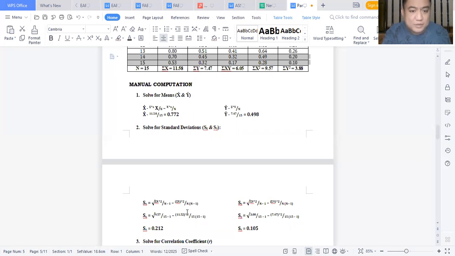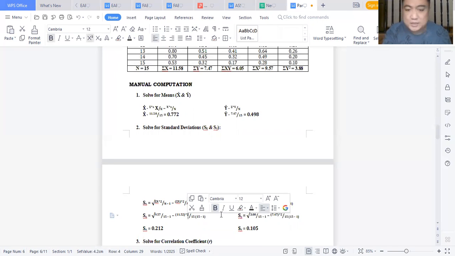This one is the summation of X only, then you need to square it, so that is 58. The same with this one, except for Y.